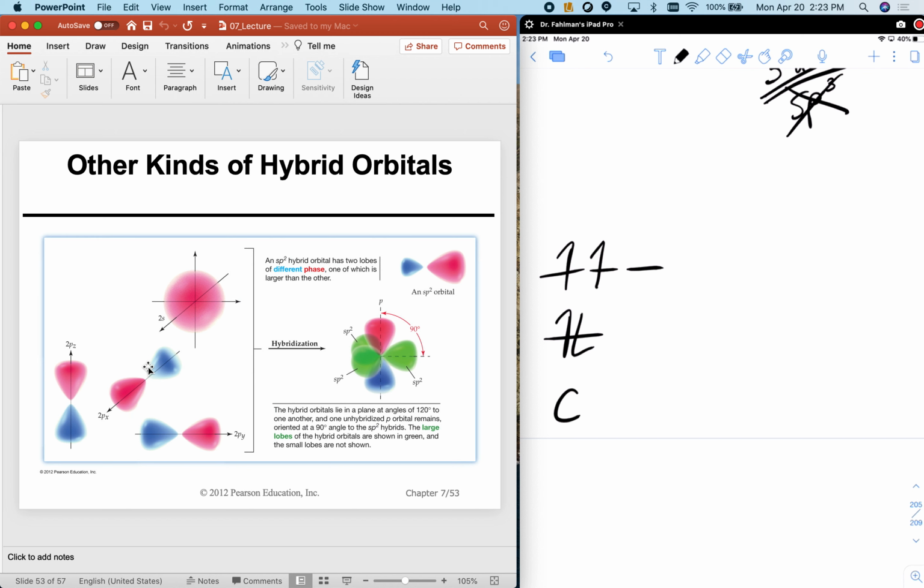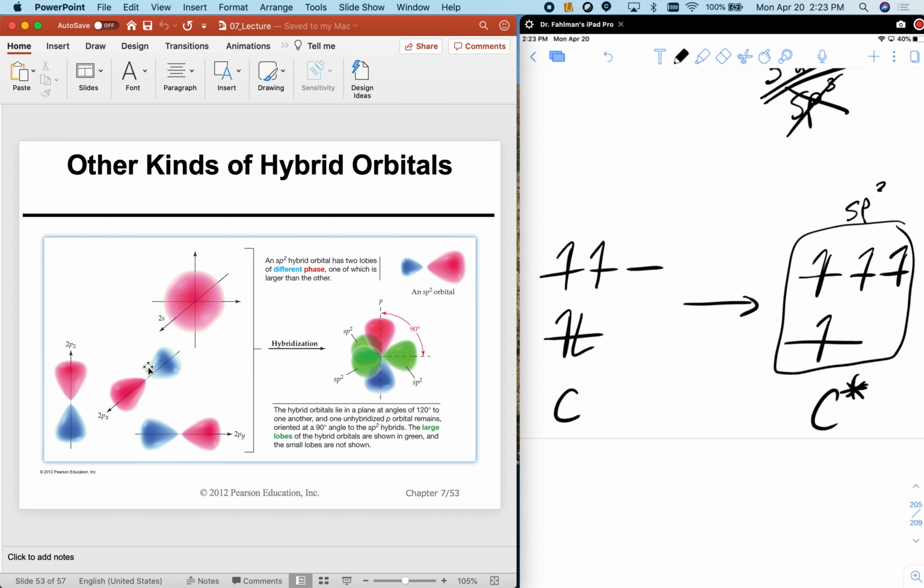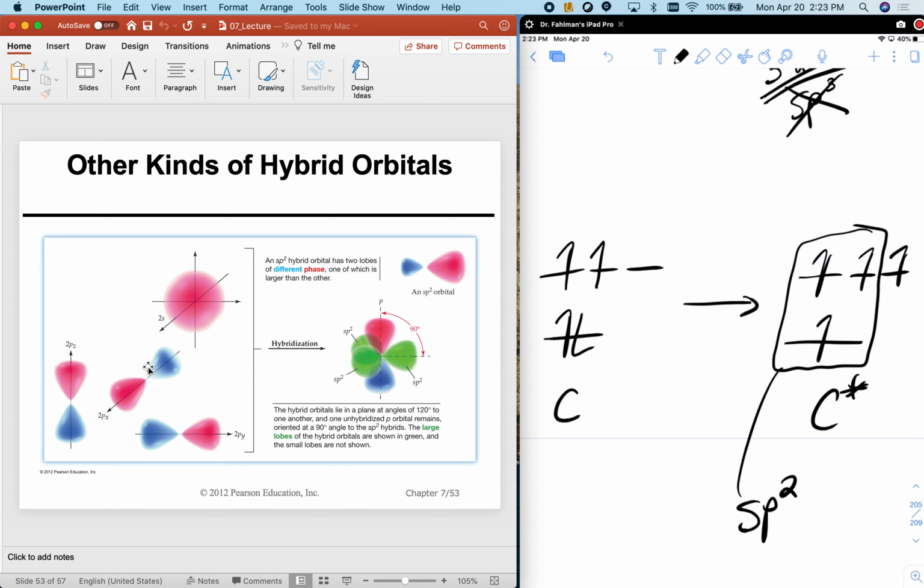And we said that you can form an excited state, so I'll say C star, which is excited. You can mix all 4 of these, and that will be sp3, but you could also just mix 2 of these like that. This is called an sp2 hybrid orbital, and you end up with a leftover p orbital.